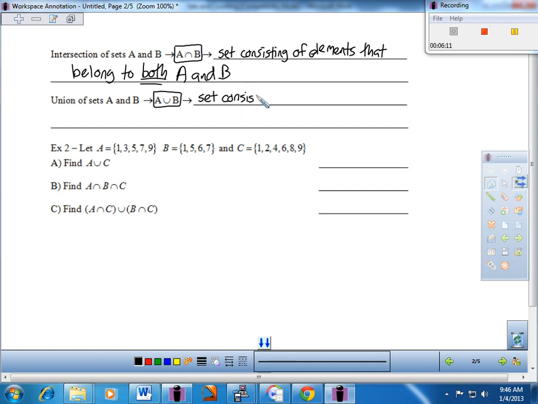So it's going to be the set consisting of elements that belong, and here's going to be the key, to either A or B or both. So it can be in A or B or both. We would take all of them in order to make up the union of those two sets.